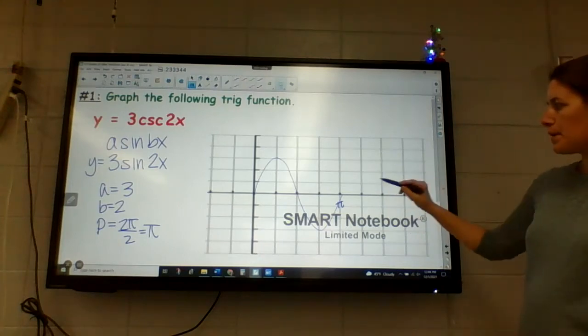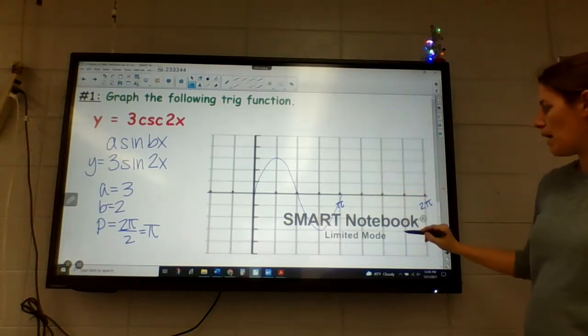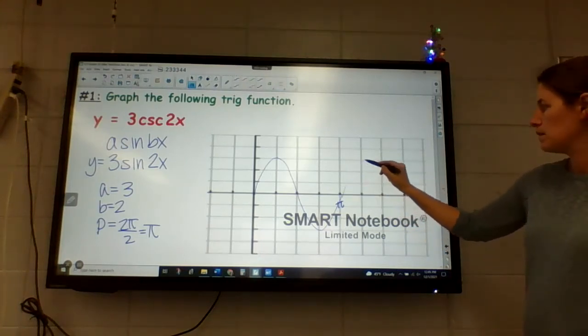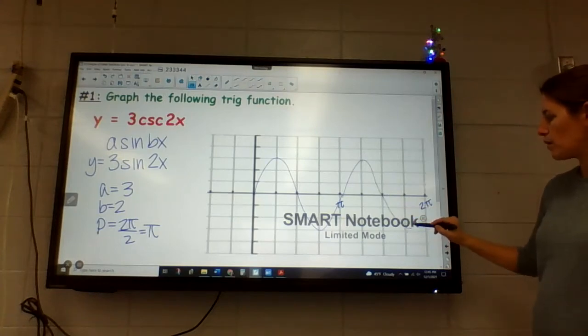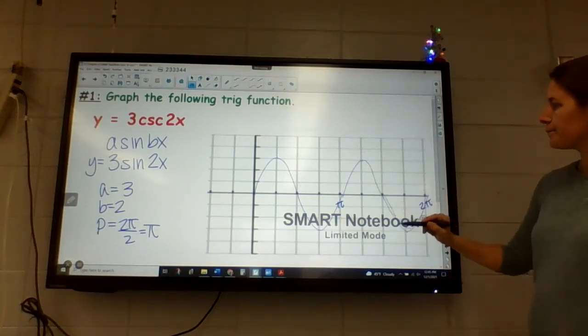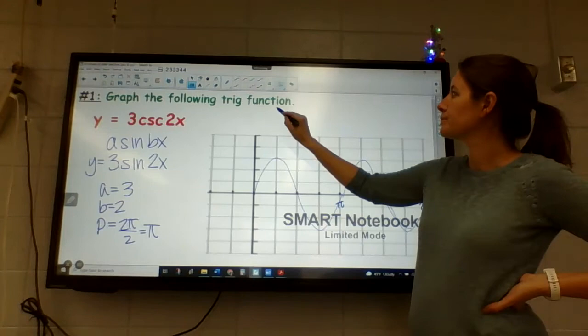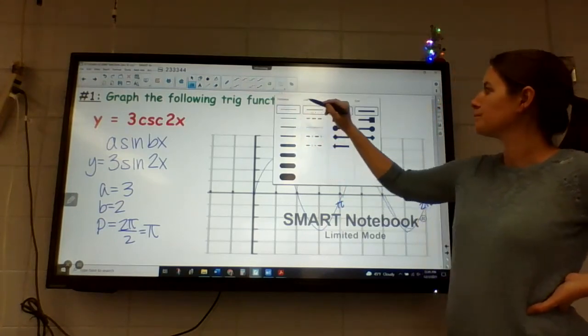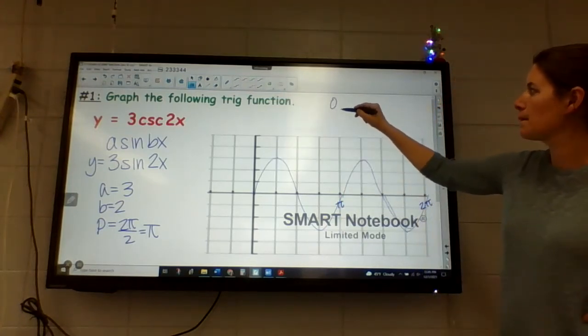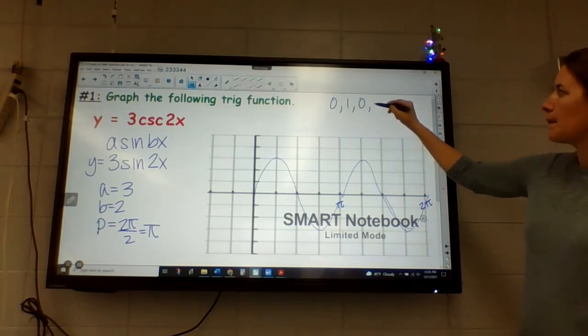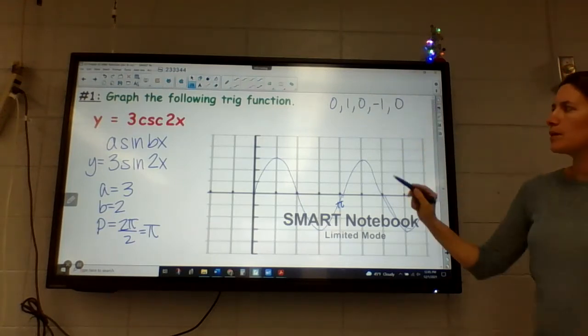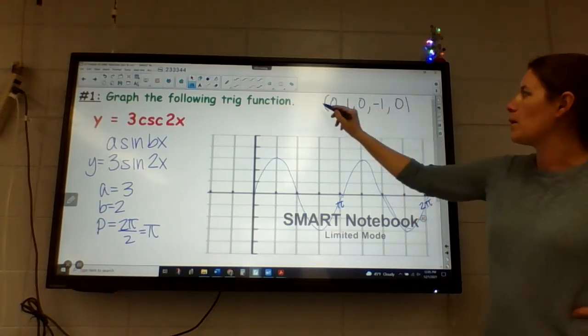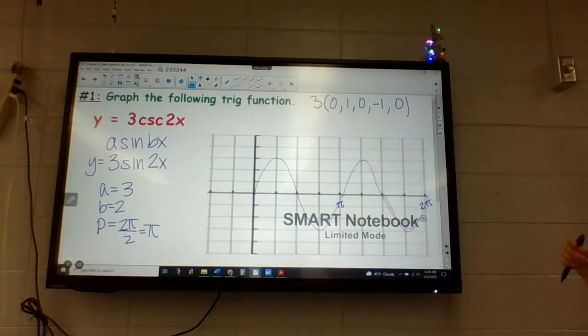This one might be a better one to keep going, just so I get a few more in there. So remembering the sine, and we're multiplying this by 3, that tells us all our main points.